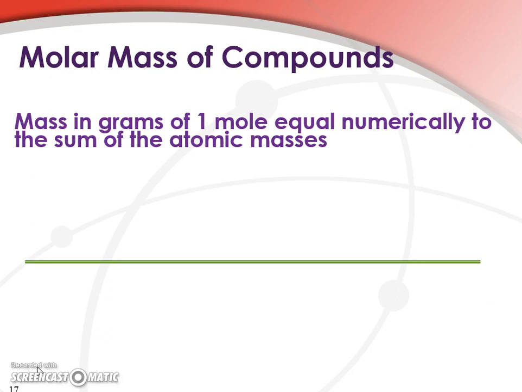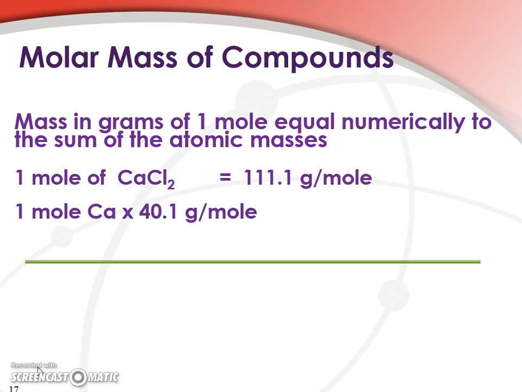And in fact, if we want to talk about compounds, it's really not much more complex than that. The mass in grams of 1 mole is equal to the sum of the atomic masses. So if we have calcium chloride, we can find the mass to be 111.1 grams per mole. How do we do that? Very simple. We look at the formula, see that there's 1 mole of calcium in each mole of calcium chloride, multiply 1 times 40.1 grams per mole.